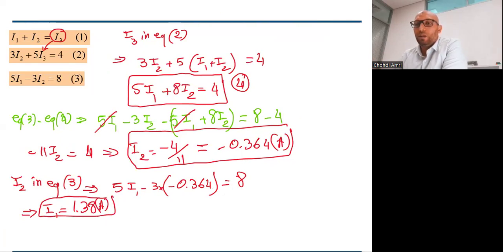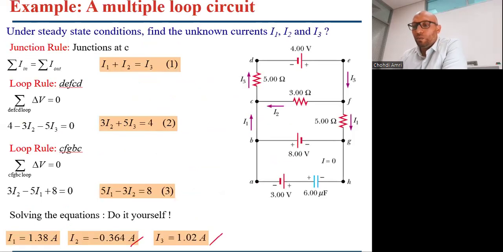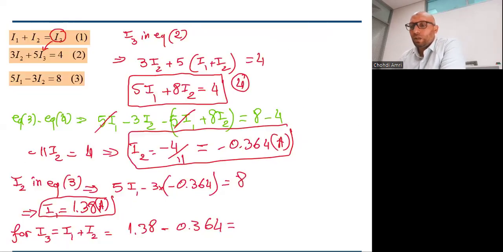What about I3? Don't forget from equation 1, I3 equals I1 plus I2. So we're going to write I1, 1.38, minus 0.364. How much would it be? It would be 1.02 ampere.